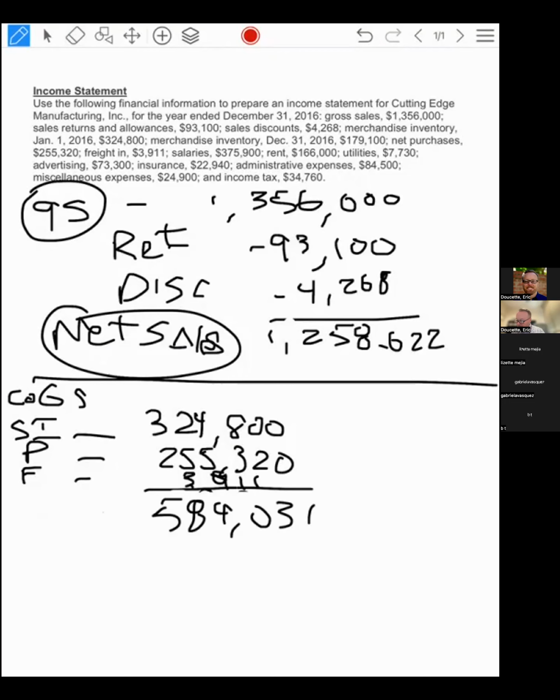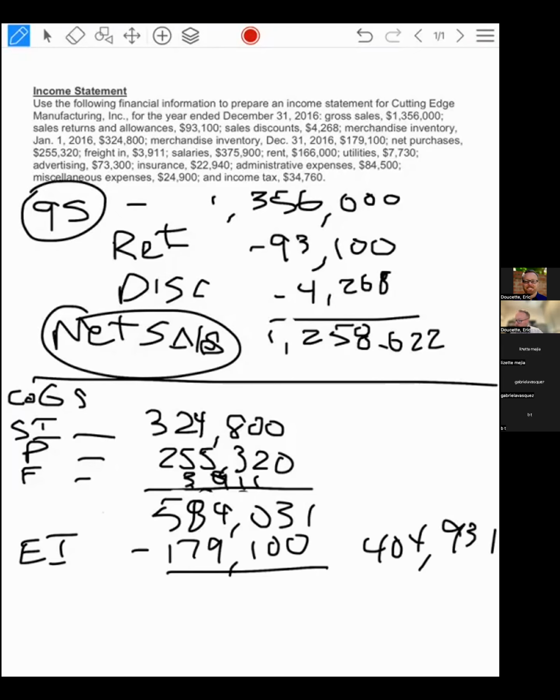And then I have to deduct my ending inventory from that. So my ending inventory was 179,100. Is that right? Yeah. So now that gives me a total cost of goods sold at 404,931. So that's my total cost of goods sold.